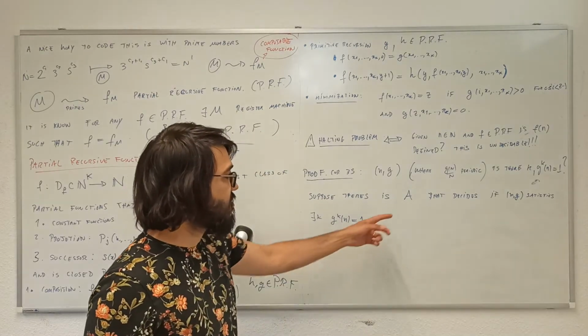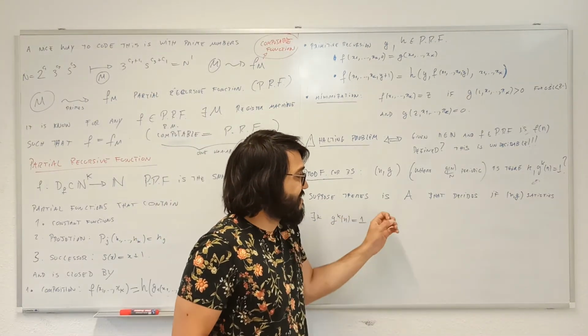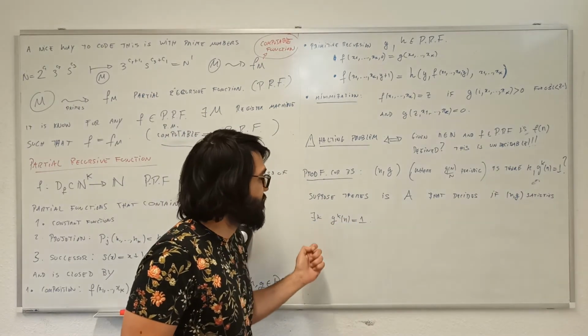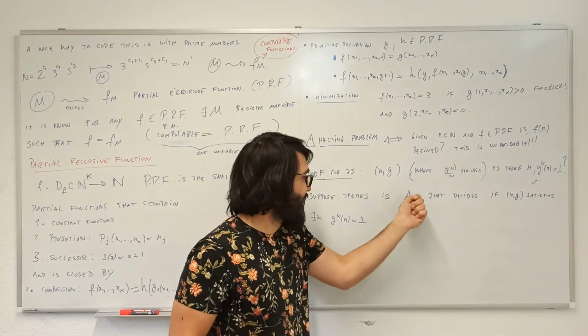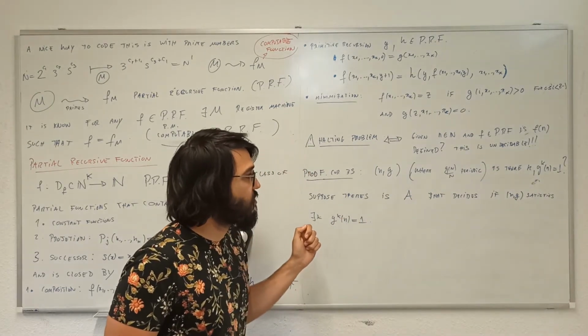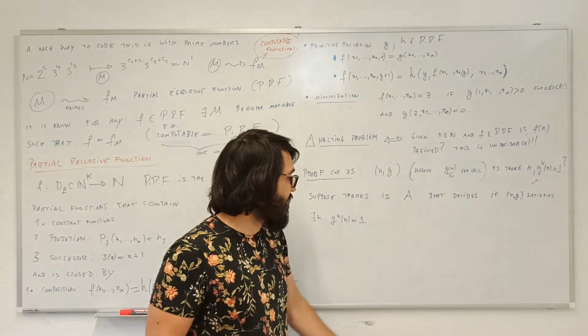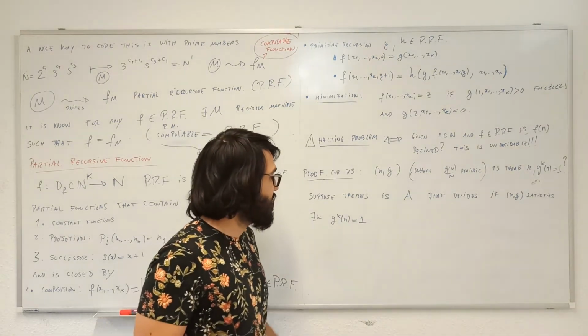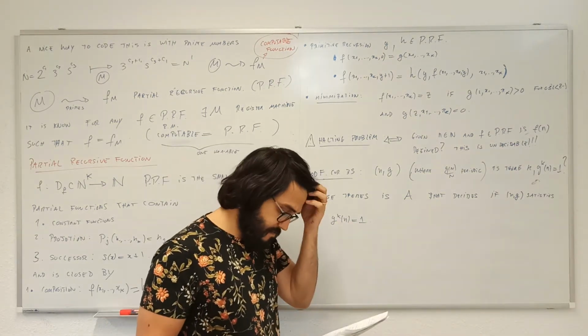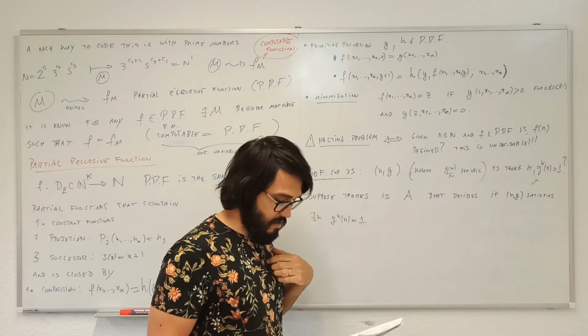So suppose that there is an algorithm A that decides whatever it is. If I input G and N into this algorithm, it spits out an answer: it does have such a K or it does not.